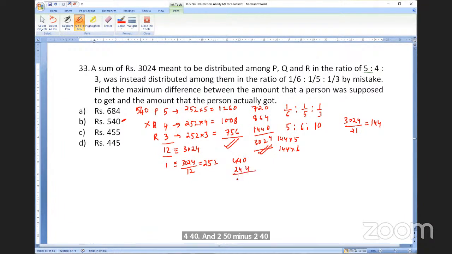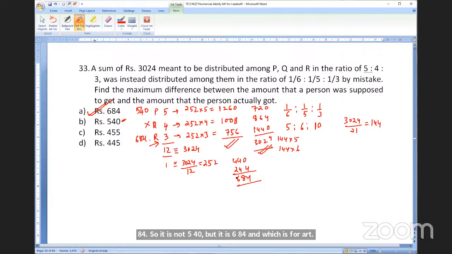So it is not 540, but it is 684. R was supposed to get 756, but got 1440. The difference between these two amounts is 684. And that is what they are asking.